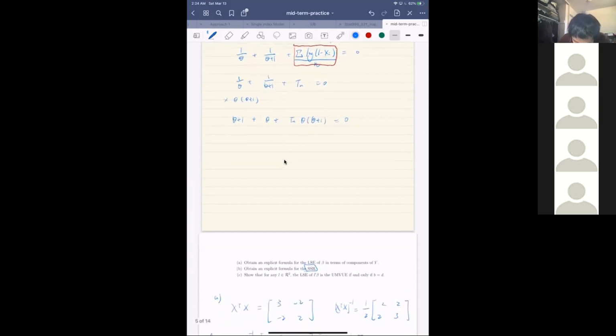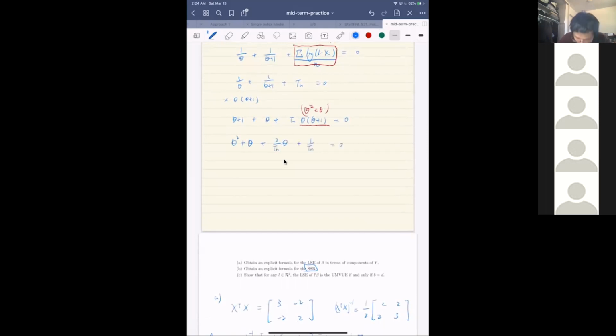But we have to change this to a nicer form. So this is theta squared plus theta, plus 2 theta, plus 2 theta plus Tn.